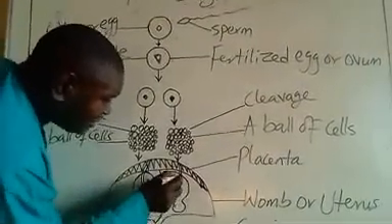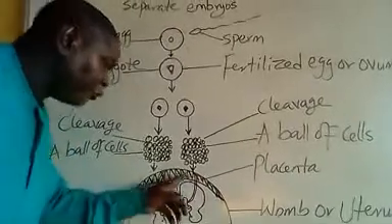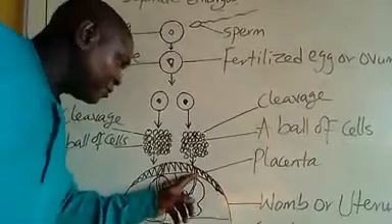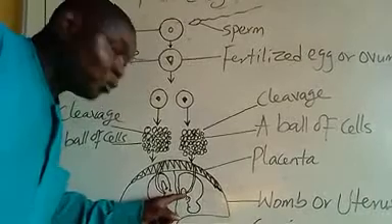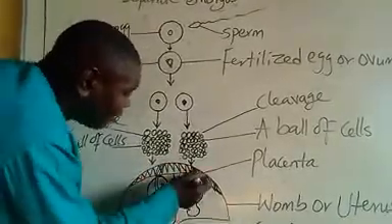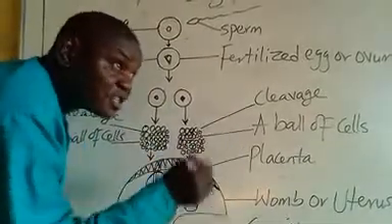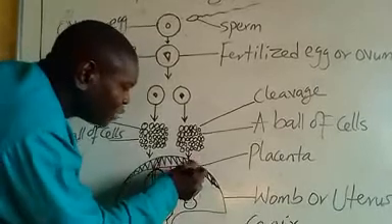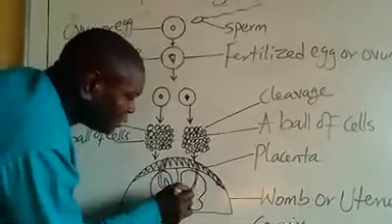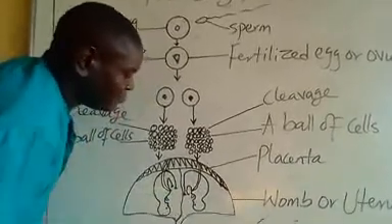In this umbilical cord is where the food and the oxygen pass through to the fetus. The food and oxygen from the mother pass through the umbilical cord to the fetus, to the baby.